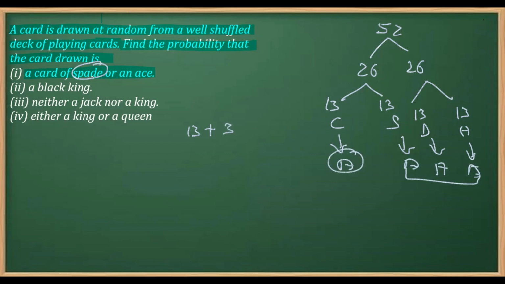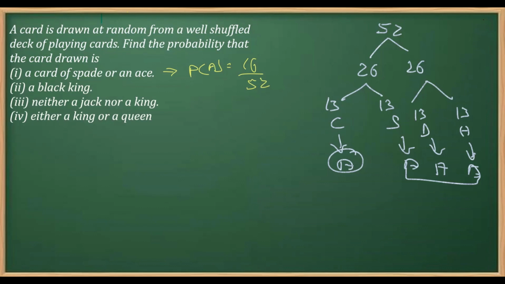So the required probability, P(A), is 16 of them, so 16 over 52. In the exam, you have to write it as the number of favorable observations divided by the total number of observations. You can reduce this in the exam.